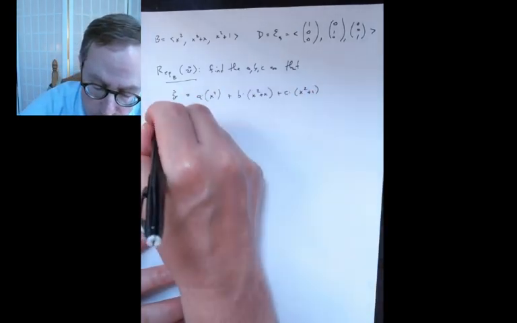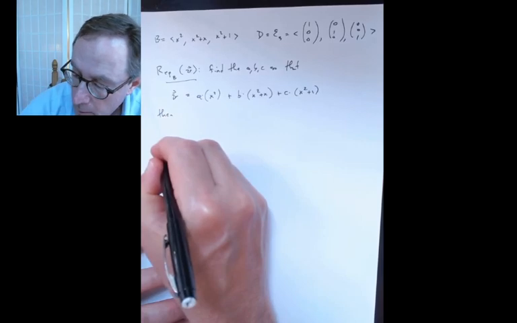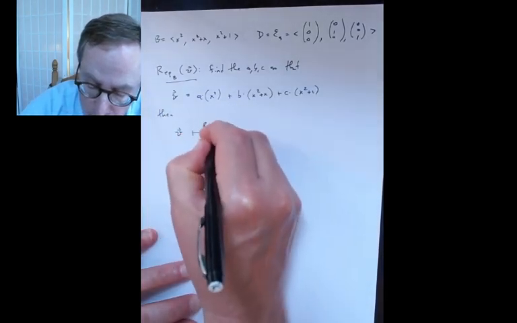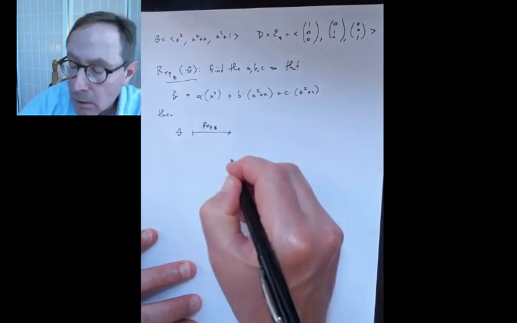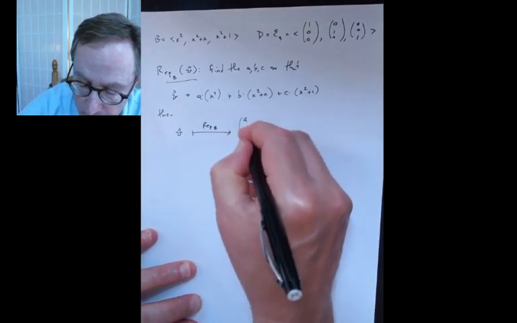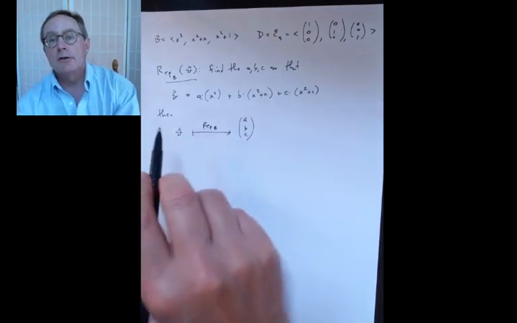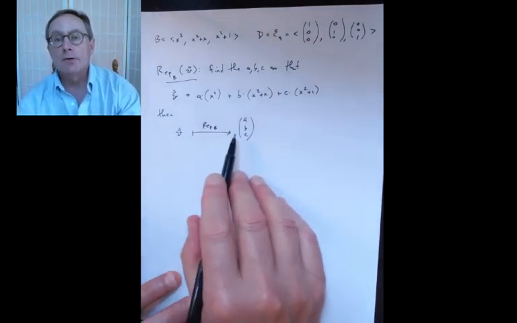And when you do, the representation map takes v over to a, b, c. So we're thinking of representation as taking domain elements over to R3.